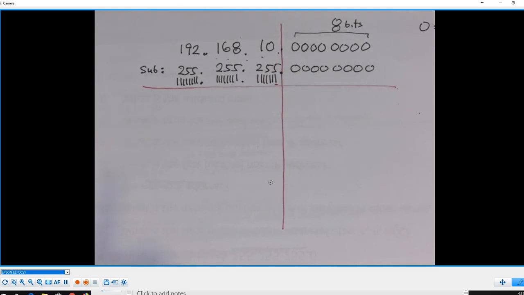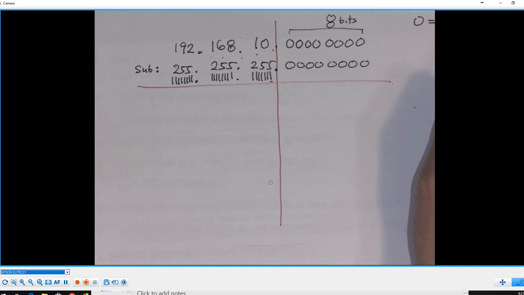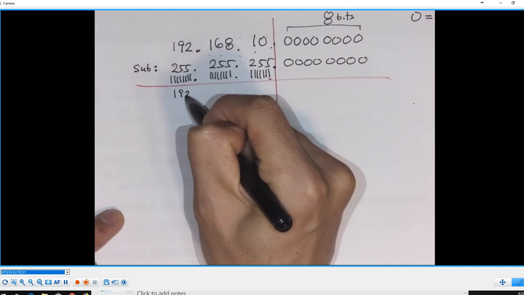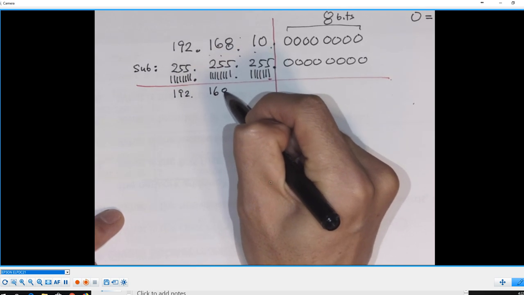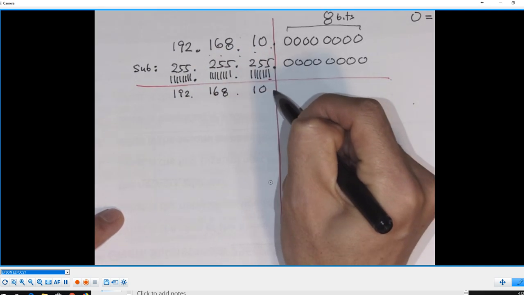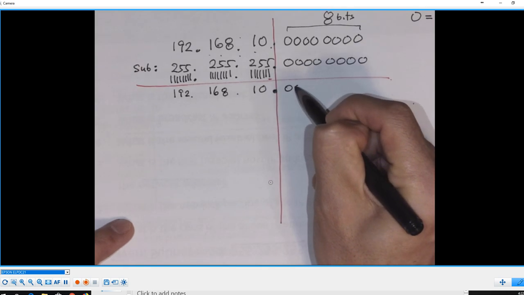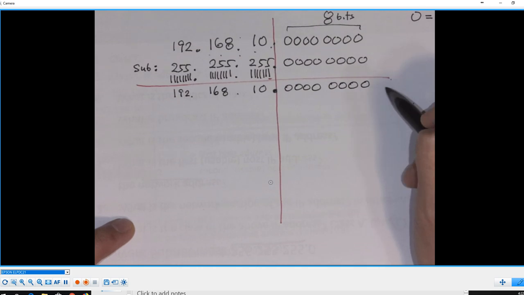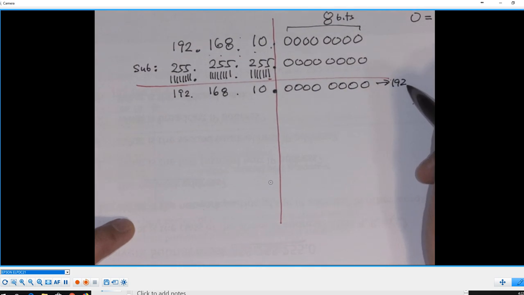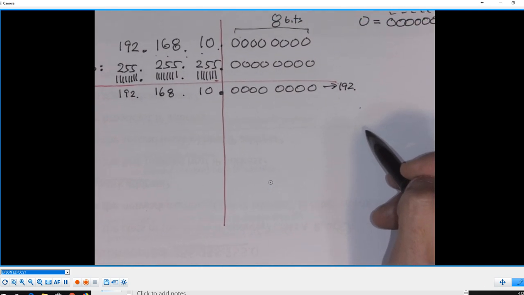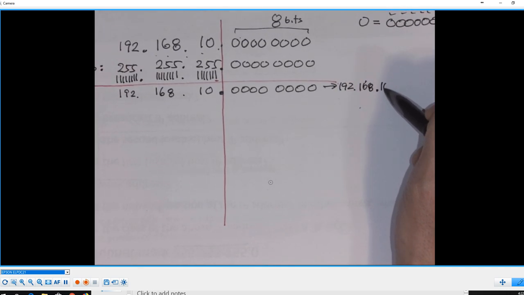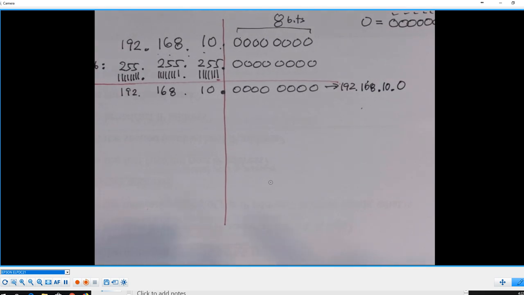And the first IP address is the network address. So 192.168.10 dot, then 0, 0, 0, 0, 0, 0, 0, 0. So this is 192.168.10.0, the very first IP address.